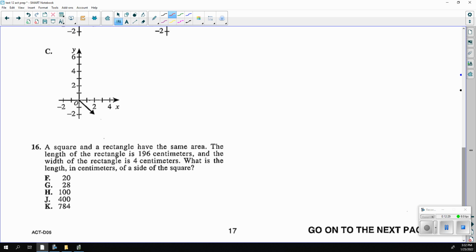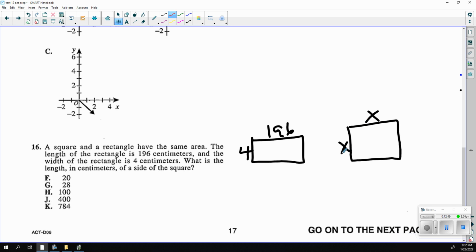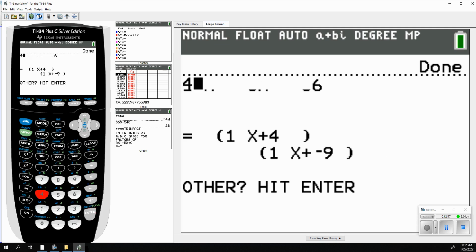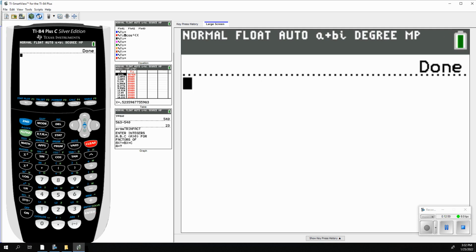They love 16. It's been a staple of my course for years. It says the length of the rectangle is 196, and the width is 4, and the square is unknown. So x times x is x squared, has to be the same thing as 4 times 196 is x squared.